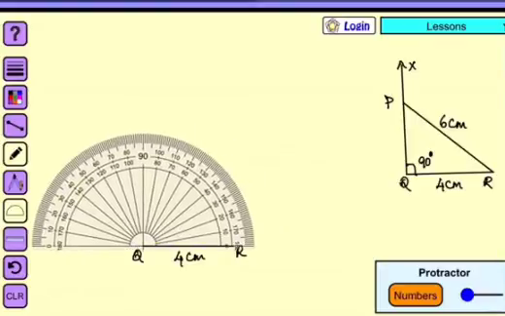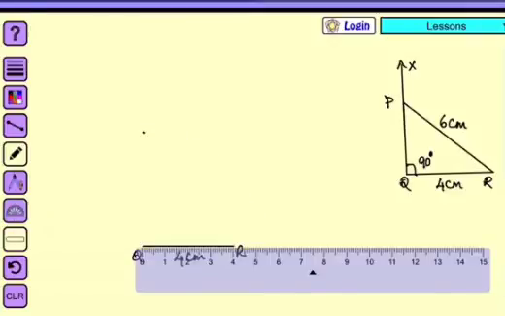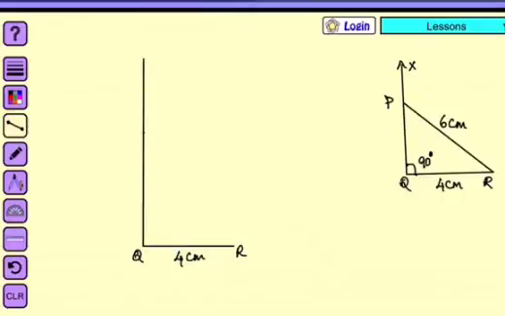So we'll keep Q as center, place the protractor so that the baseline of the protractor matches or coincides with QR. So have 90° marked, then join. I will be naming it as QX perpendicular to QR. So this is a right angle which we have marked. We have drawn QX perpendicular to QR. The second step is over.